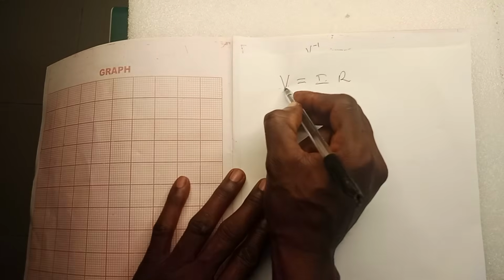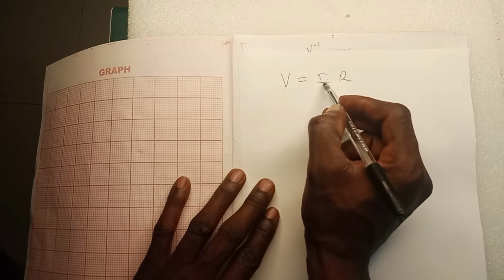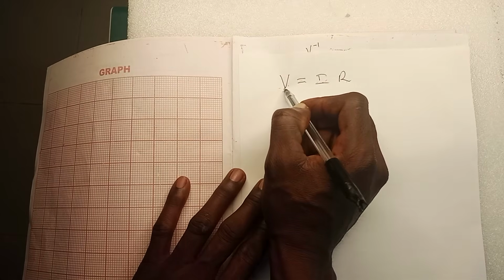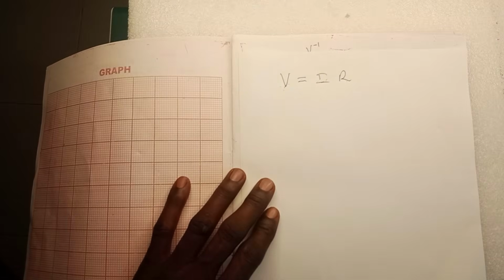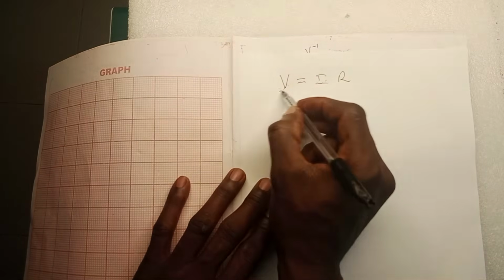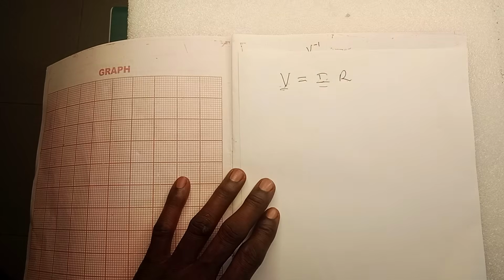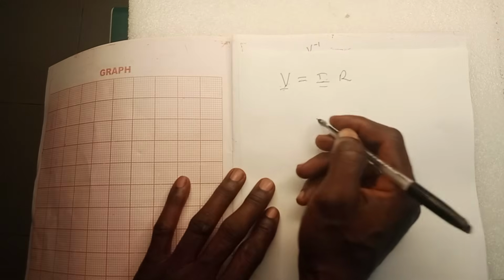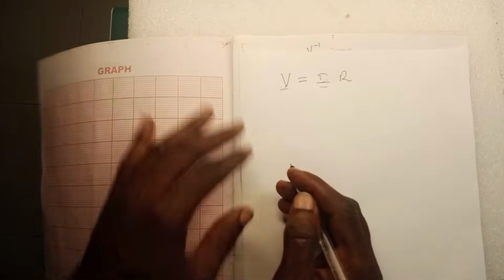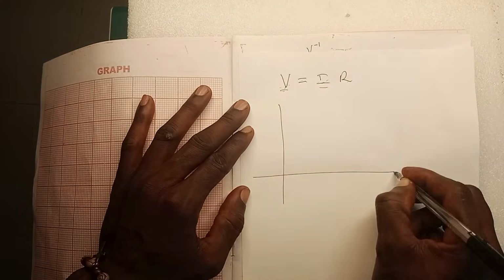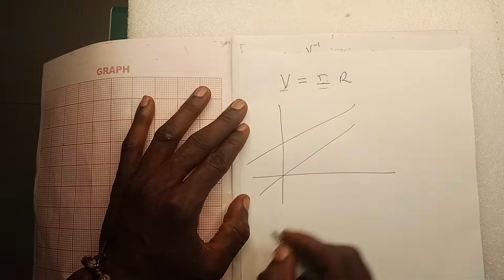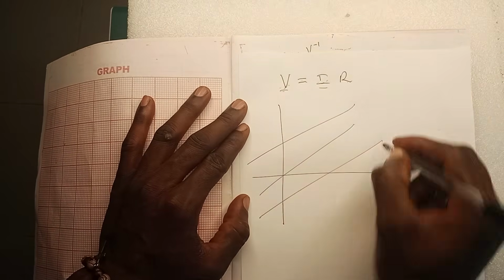Meaning an increase in V will cause an increase in I, and a decrease in V will cause a decrease in I. So if V and I are involved in an experiment, you're going to have an increasing or decreasing trend. Meaning your graph, when plotted, will look like this, or will look like this.